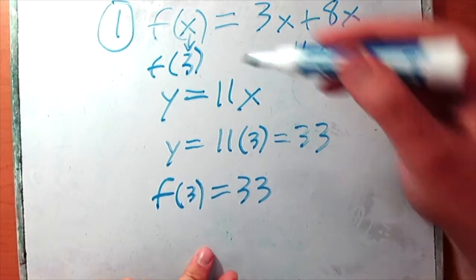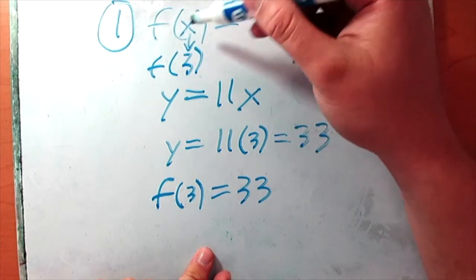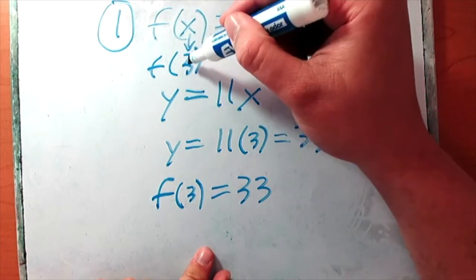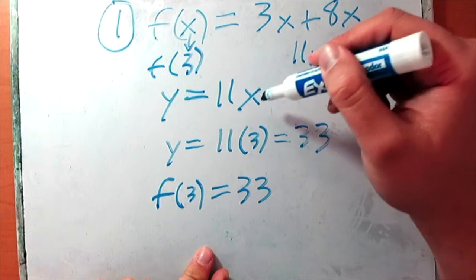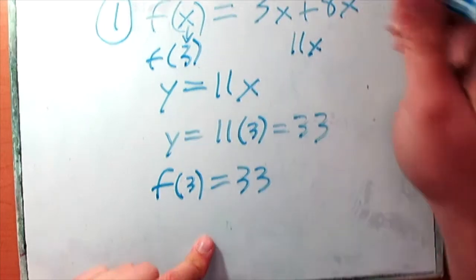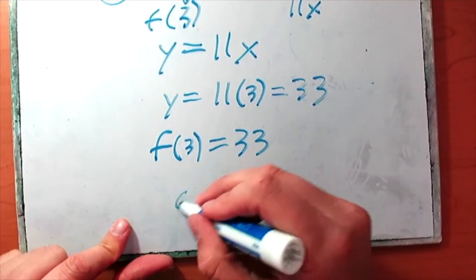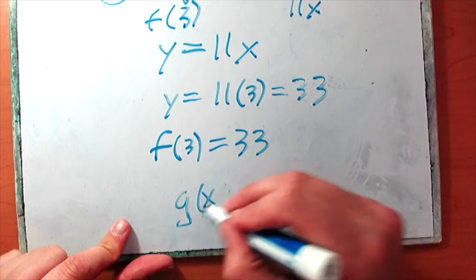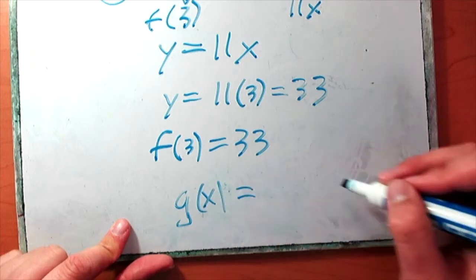So things to take note, again, f of x is just y, but when you're given a value, you've got to plug it in to all of the x's. This will get a lot more complicated. The other questions that you're working on also have g of x, and that equals some stuff.